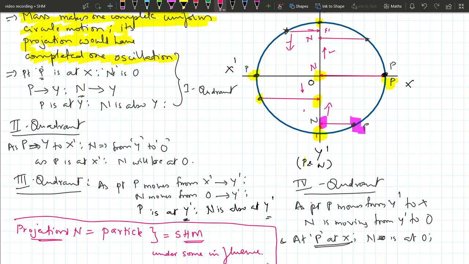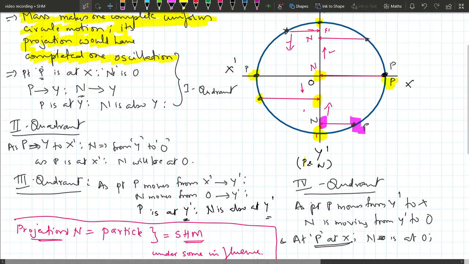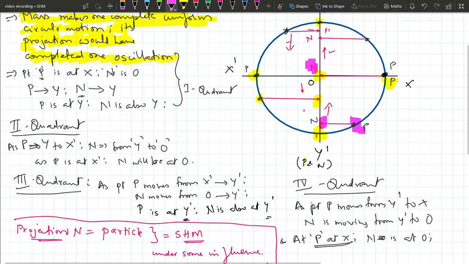Are we getting the point? This projection N would have made one complete oscillation when the point P makes one complete revolution.